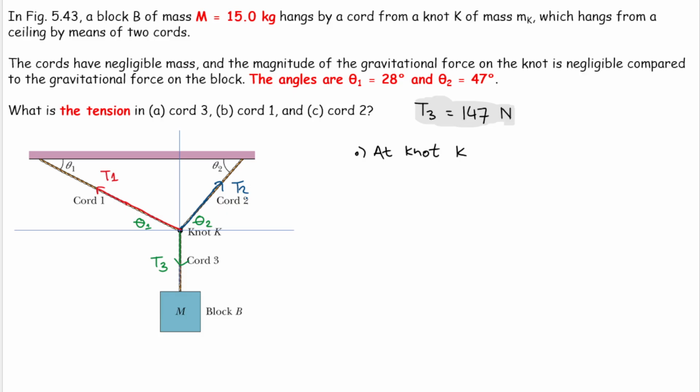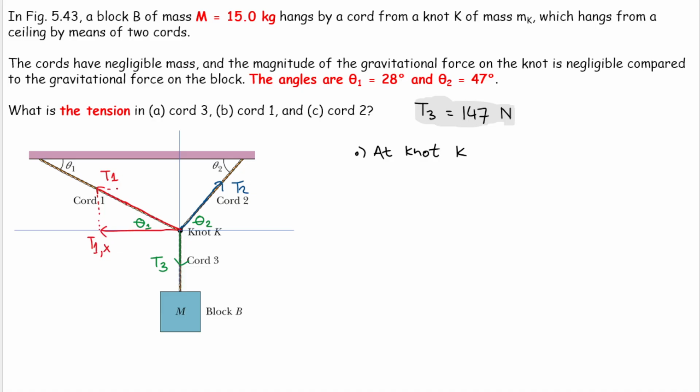We can break it down into the X component and Y component for T1 and T2 here. Let's do that. For T1, let's project it into T1 X, T1 in the X direction. So that is the force in the horizontal direction.